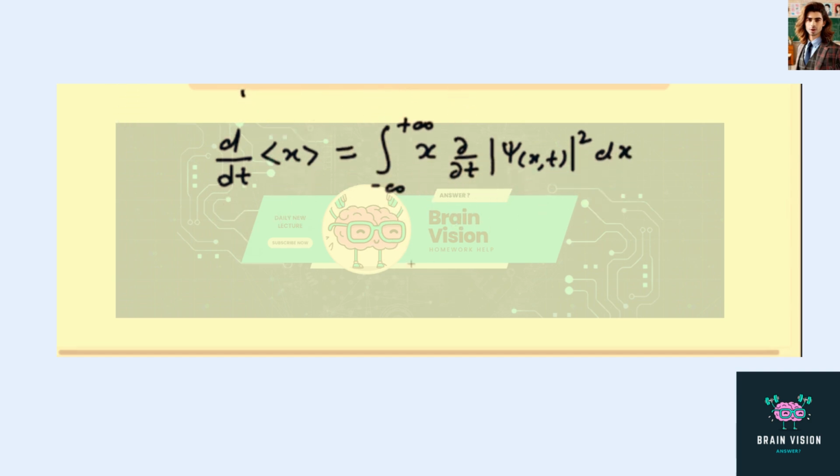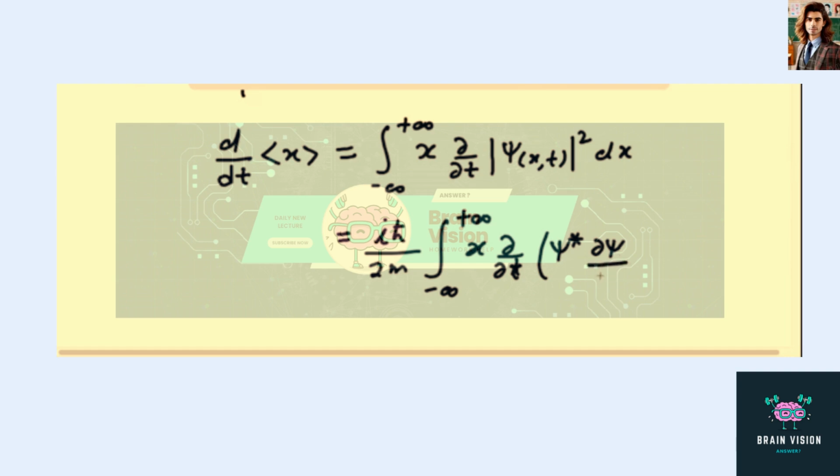This equation is also written as iħ/2m times the integral from minus infinity to plus infinity of x ∂/∂x of (ψ* ∂ψ/∂x − ∂ψ*/∂x ψ) dx.